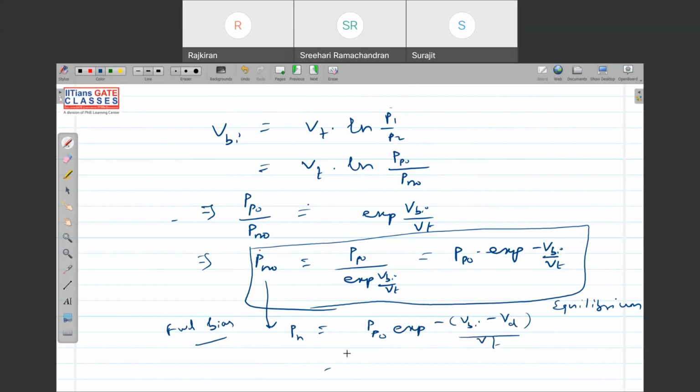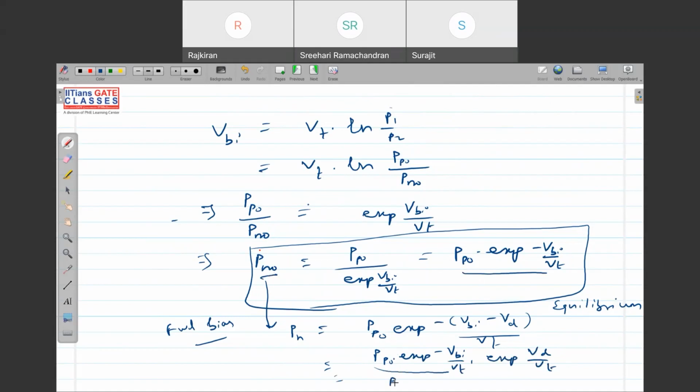So it will be Pp0 into exponential of minus Vbi by Vt into exponential of Vd by Vt. We know Pp0 exponential of minus Vbi by Vt is nothing but my Pn0.